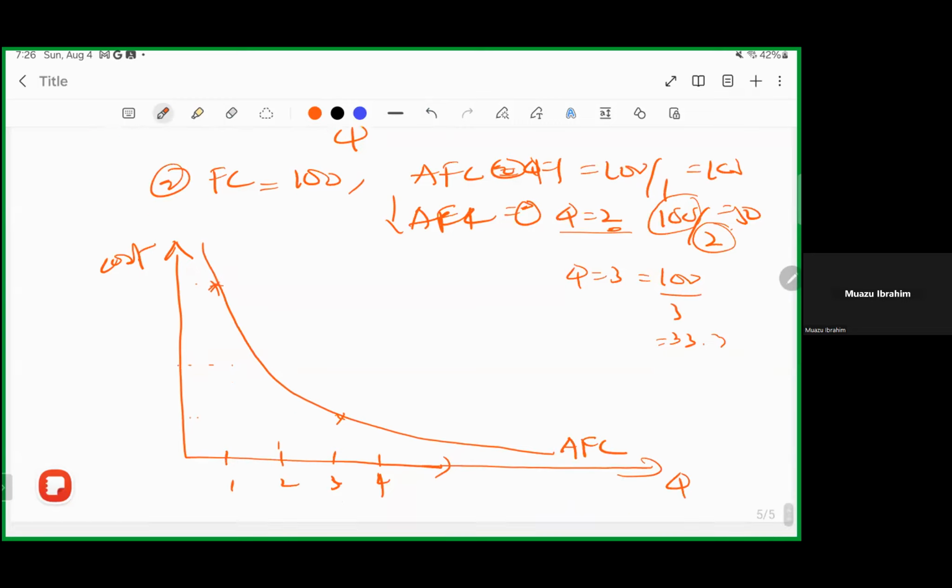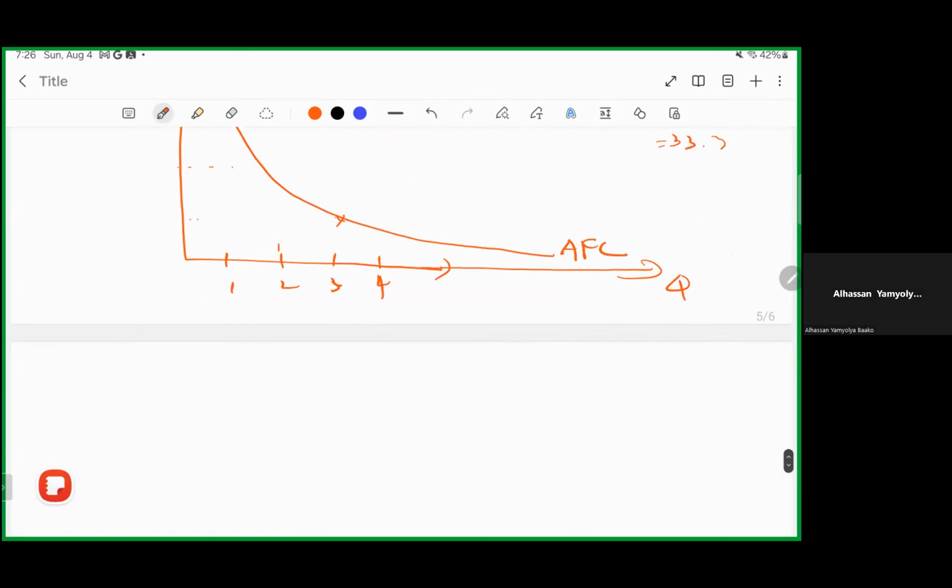So please note, average fixed cost decreases as output increases. I will ask you this in the exam. Average fixed cost decreases continuously as output increases.